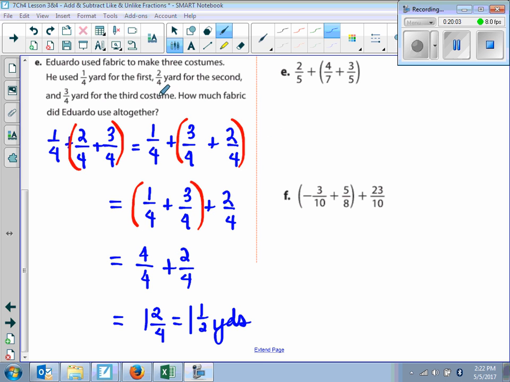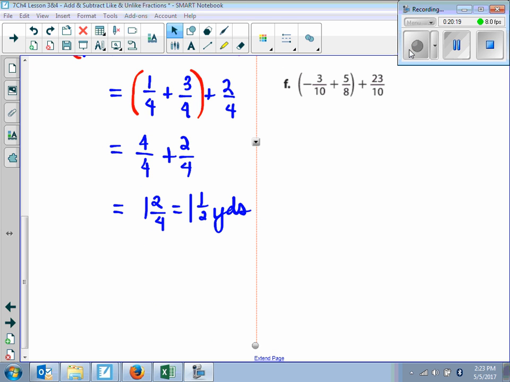Okay, because I fumbled so much with Eduardo's example, I'm going to go ahead and do example F just like I would with the commutative and associative property that I did with Eduardo. So the first thing I'm going to do here, I've got the quantity negative 3 tenths plus 5 eighths plus 23 tenths.